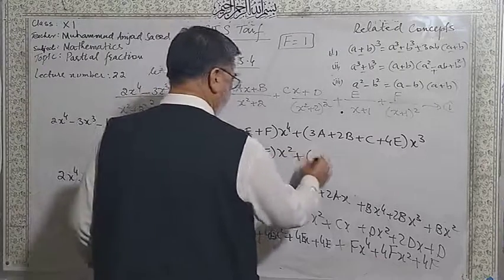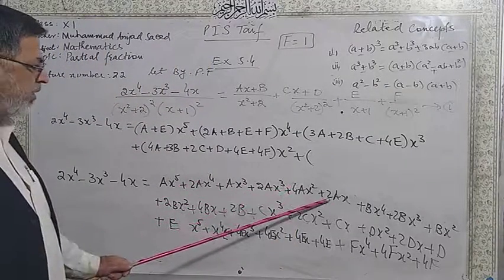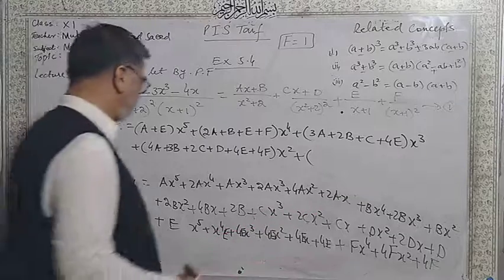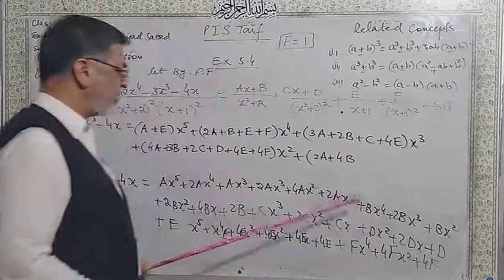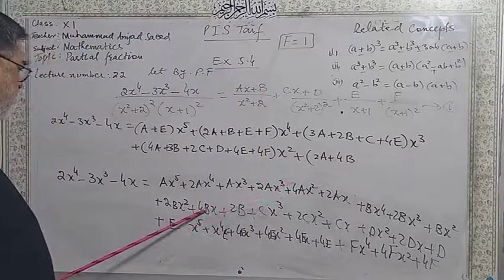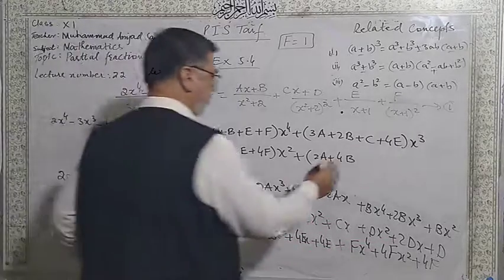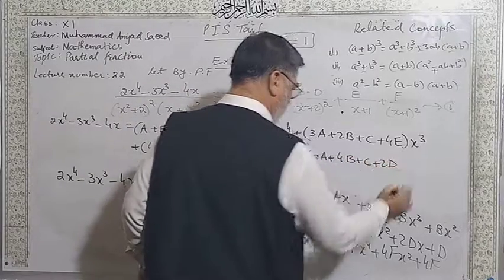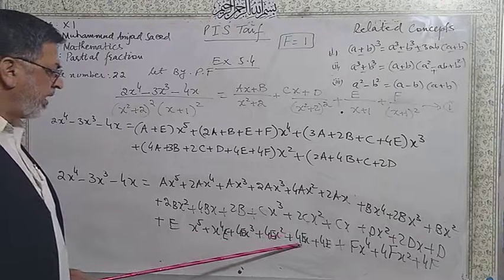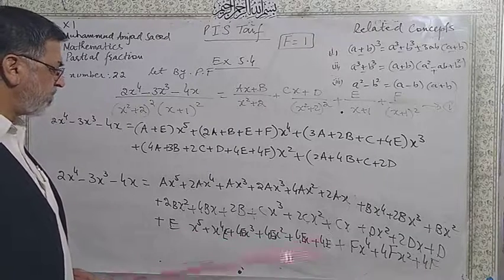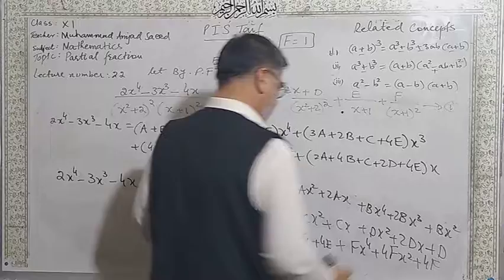After that we will find the term involving x. Here is 2a plus 4b plus c plus 2d, then the term involving x, plus 4e into x.